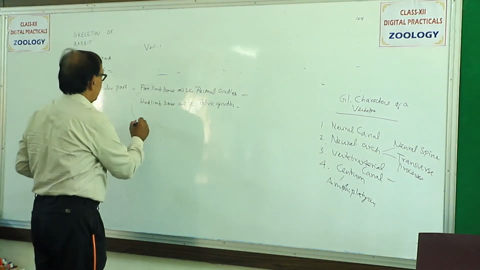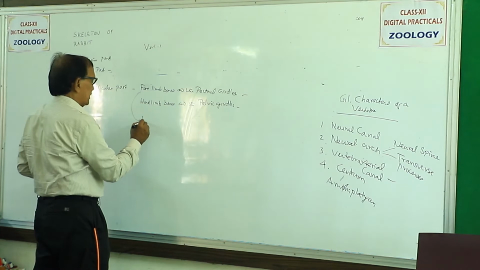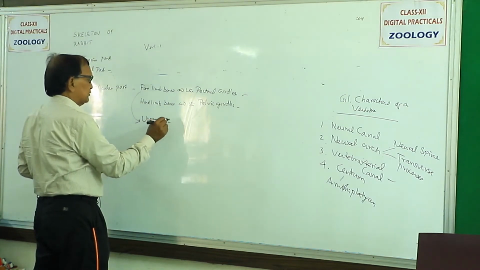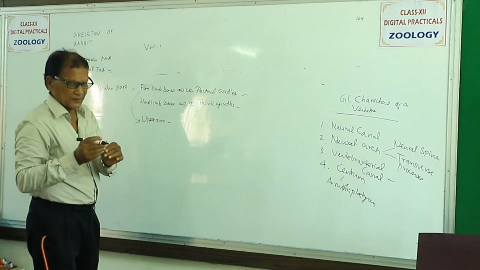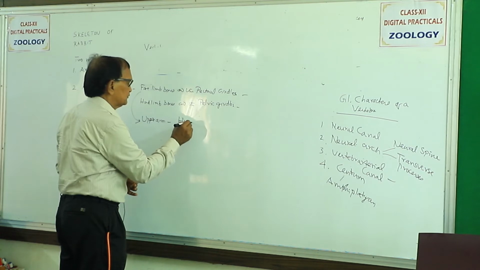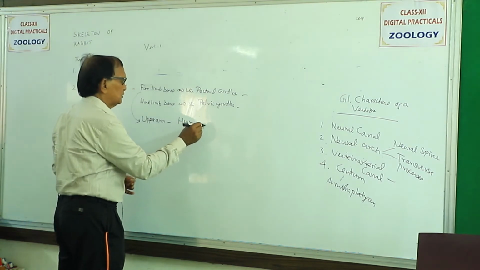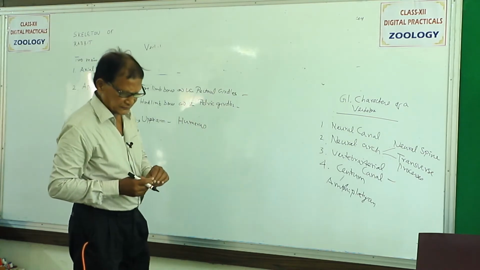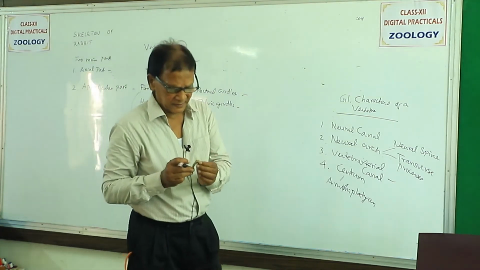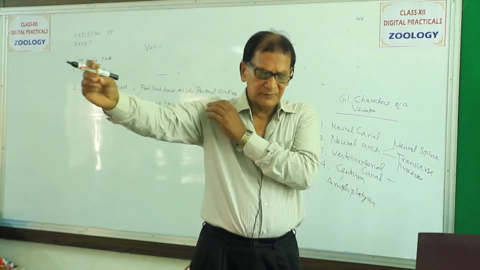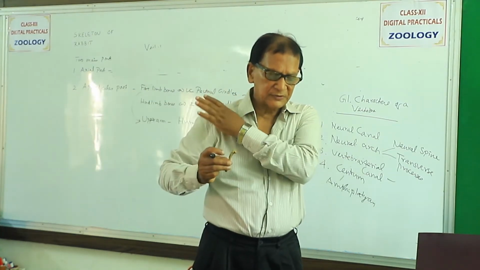So we have therefore in the forelimb an upper arm region, the basal bone that is present is called the humerus. Now this humerus has a prominent head by which, as you can see, the forelimb is attached to the pectoral girdle.